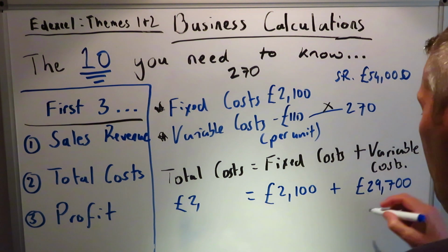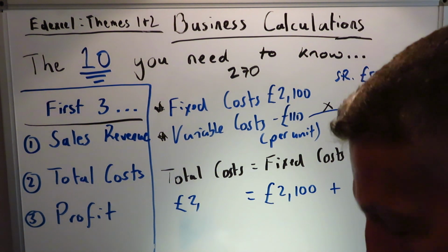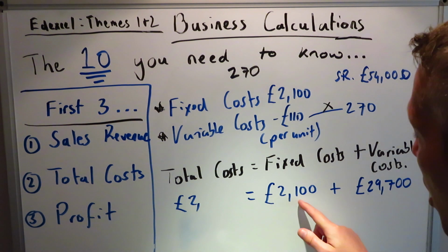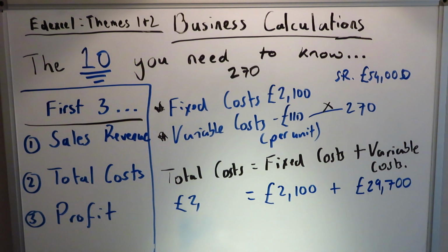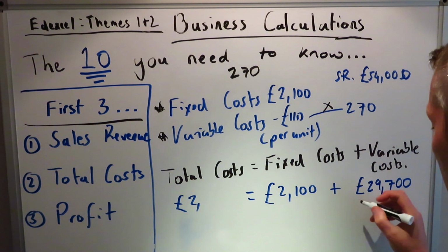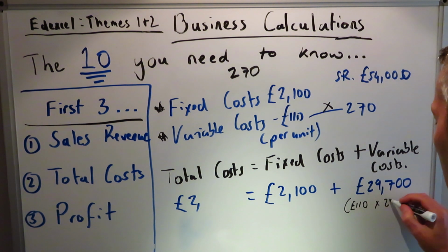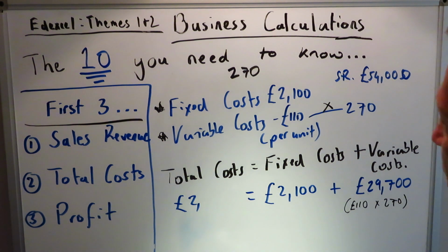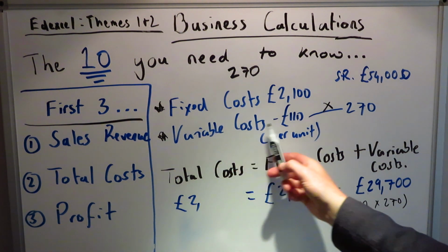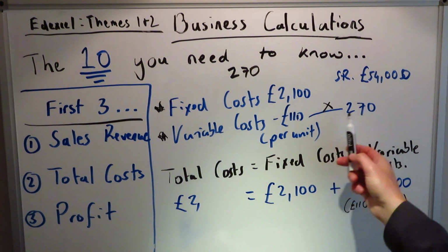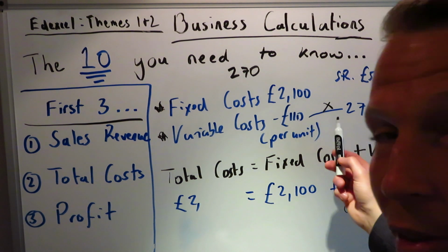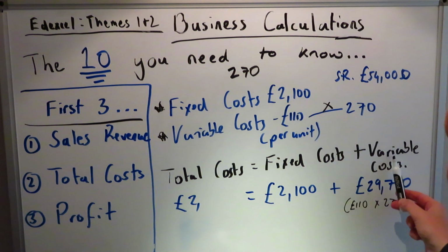I now know that the fixed and variable costs are 2,100 and 29,700. Just to repeat, I got that variable cost by multiplying the 110 by the 270. Remember, your variable cost is 110 per unit. I sold 270 tables and chairs as an example. So there is your variable cost.